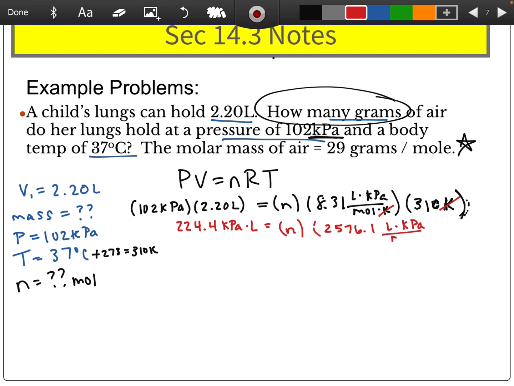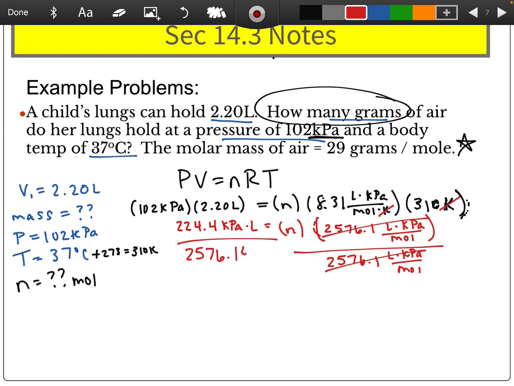So I'm going to still end up with liters times kPa over moles. And then to get N by itself, I have to divide each side by 2,576.1 liters times kPa over moles. So that all cancels out. We're going to divide each side by this number. kPa cancels out, liters cancels out, we're left with moles.